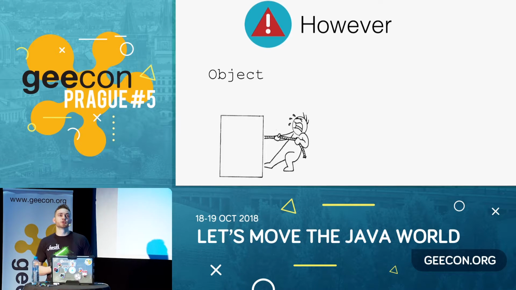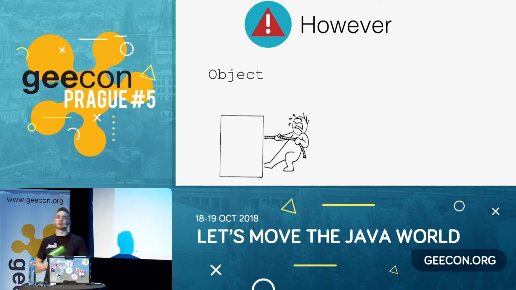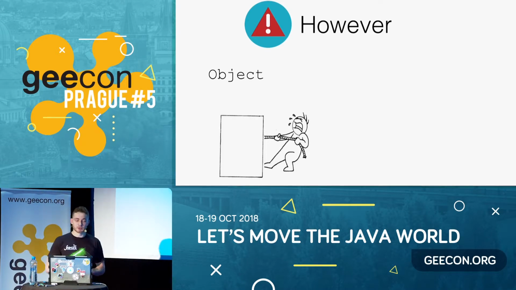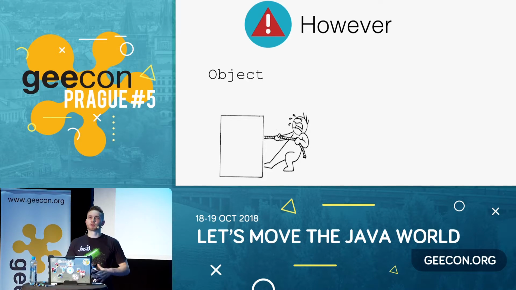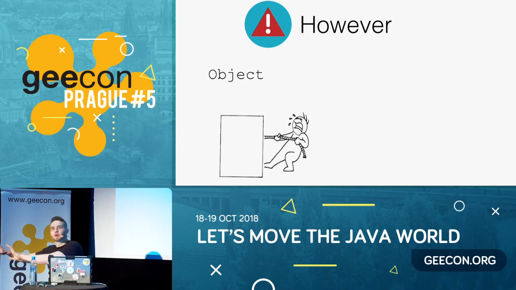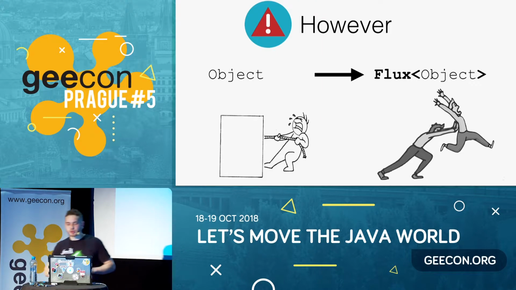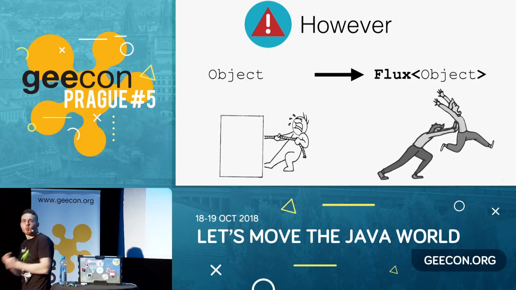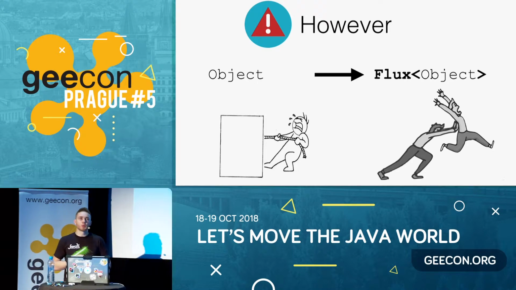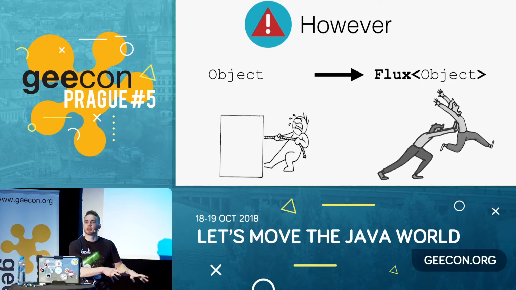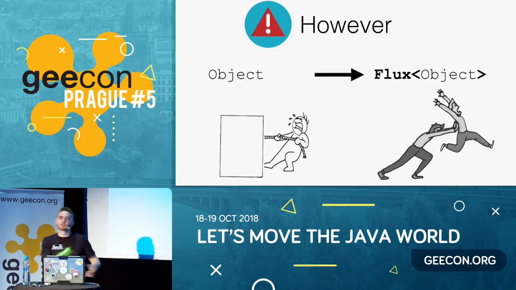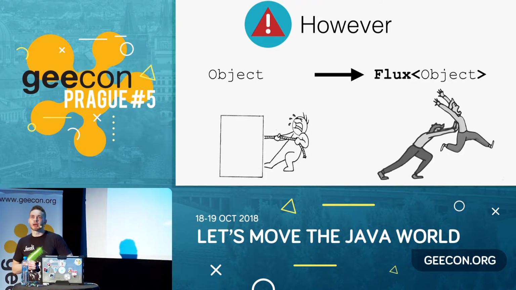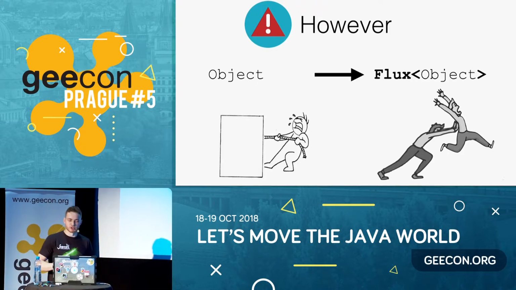However, there is some exclusion from this rule that we are going to see a bit later in this presentation. When we are going to move from the pooling model to the push model, we have to change Object to a stream of Object because previously we took one message, and now we have to listen to changes. And instead of taking some messages, we have to listen and receive a stream of messages.